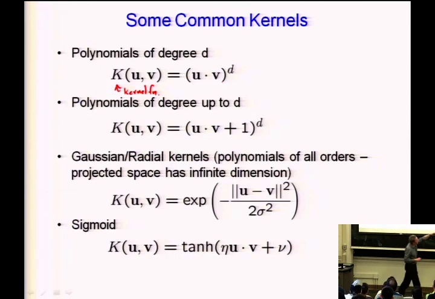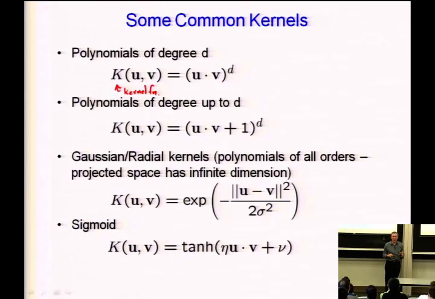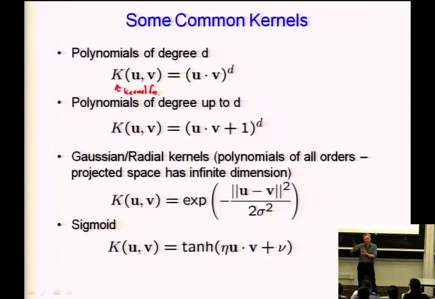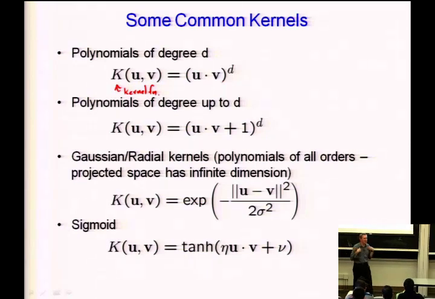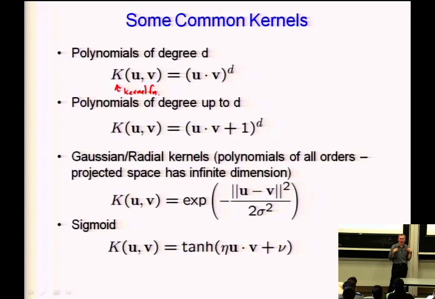So these are all examples of kernels where there exist corresponding phis, which of course our algorithm never actually has to operate in. The phis are just for our own benefit, for understanding that this is equivalent to linear regression in some exploded space. It is kernel regression in the base space.